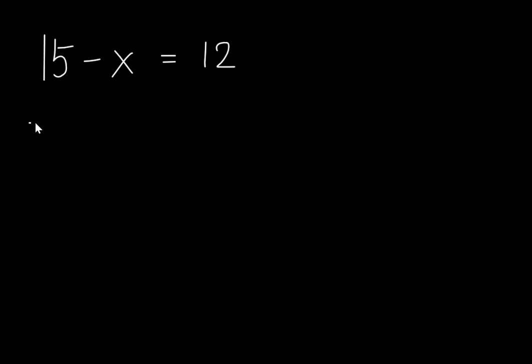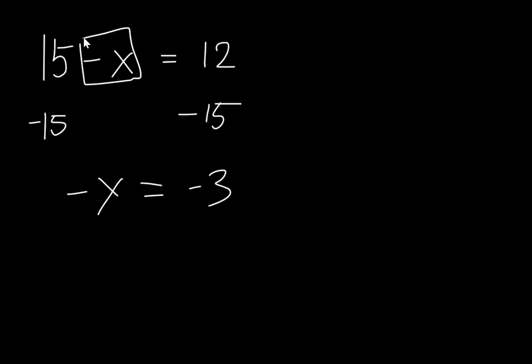The first step is to subtract 15 from both sides. You should get negative x is equal to negative 3. Realize that this is minus x, so you need to put the negative sign. Negative x is equal to 3.